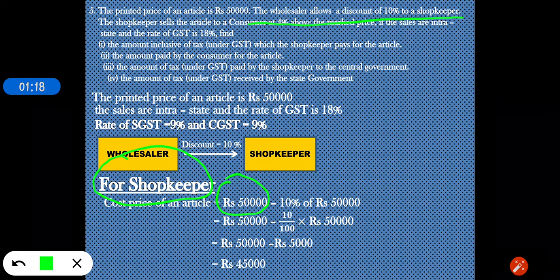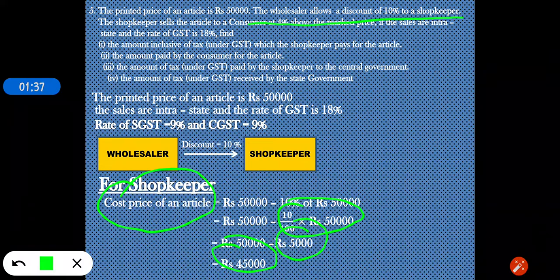Why minus? Because it's a case of discount. And 10% of rupees 50,000 is equal to rupees 5,000. So 50,000 minus rupees 5,000 is equal to rupees 45,000. The cost price of the article for the shopkeeper is rupees 45,000.